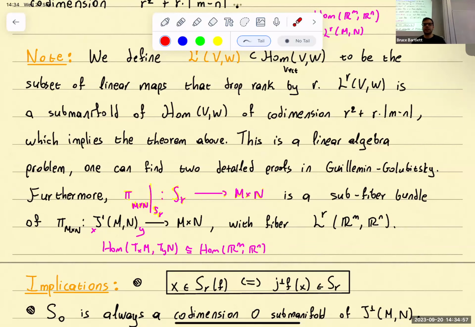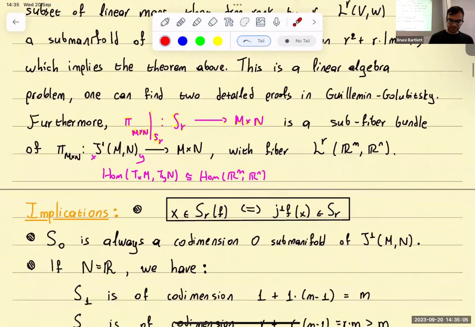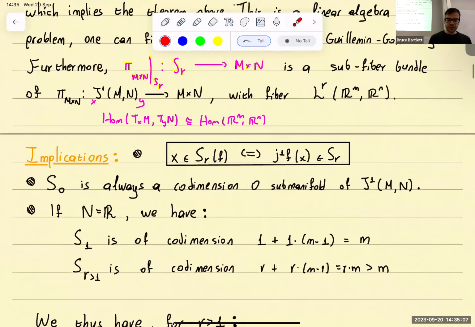Okay. Shall we see some of the implications of the things that we defined so far? The first implication: I defined two things for you, S_R of F and S_R. S_R itself doesn't refer to any function F. S_R itself is a submanifold of the first jet space.